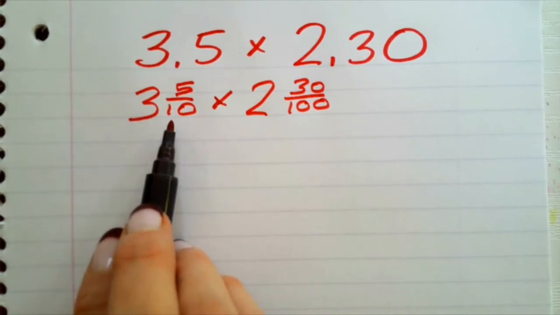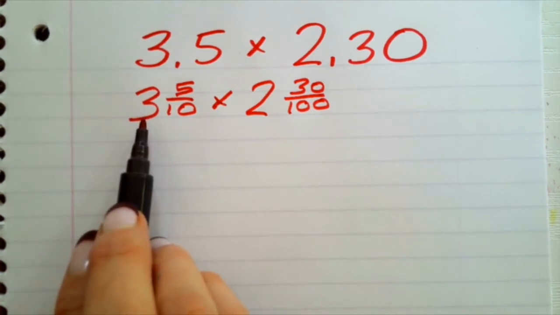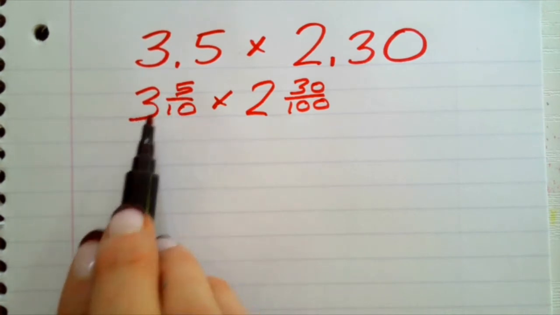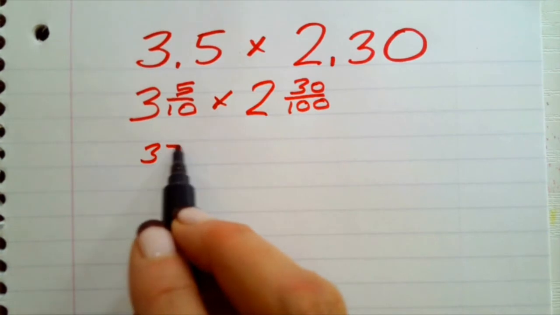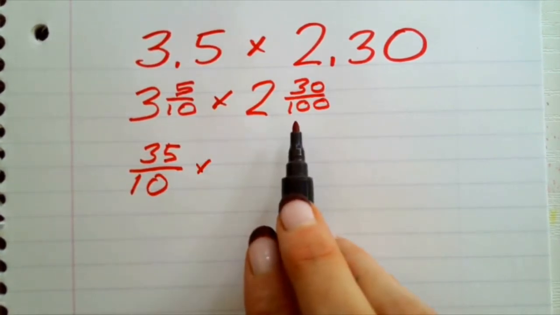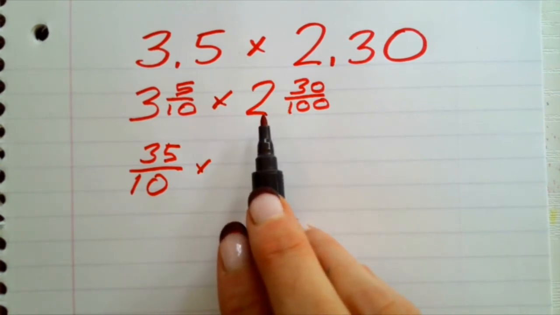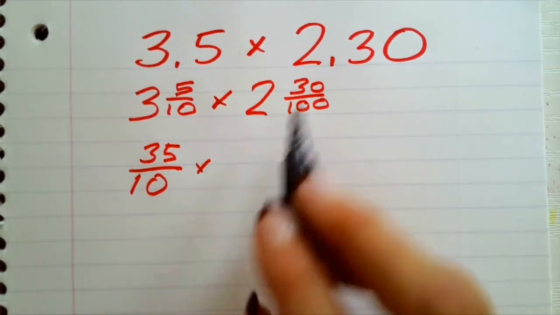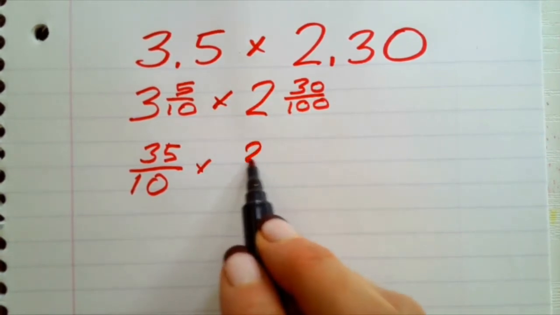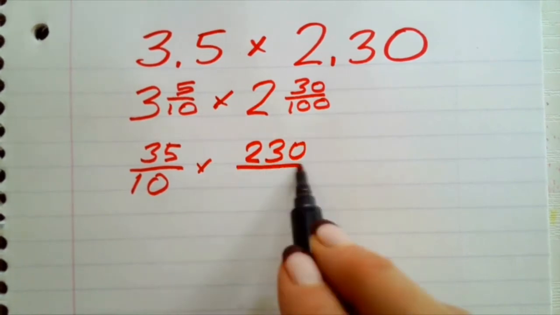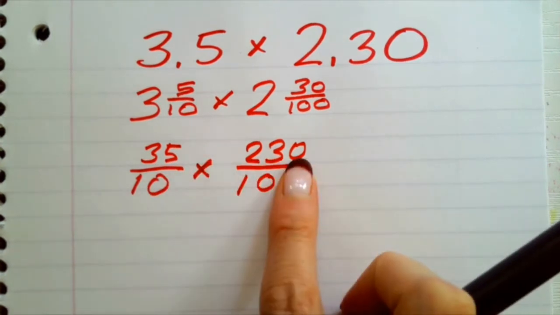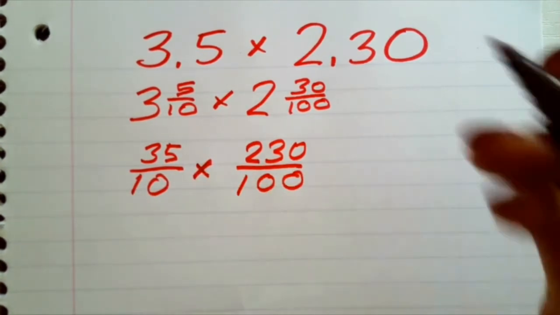How many tenths are in 3 wholes? 30. So 30 tenths plus 5/10 will make 35 tenths. How many hundredths are in 2 wholes? 200 plus 30 hundredths makes 230 hundredths. Now we can multiply across the numerator and across the denominator.